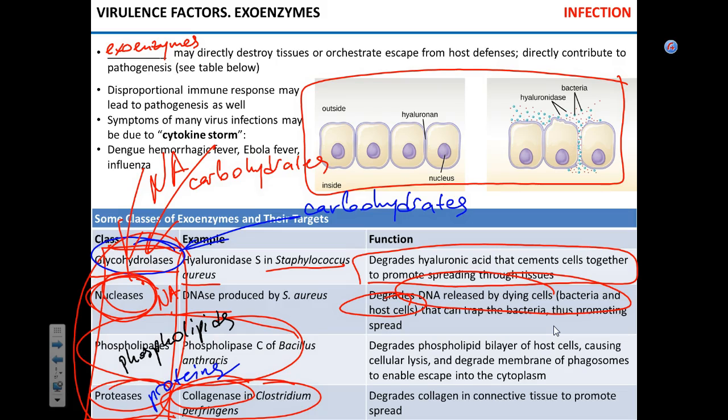What about disproportional immune response? It is often called cytokine storm, or in case of bacteria, it is called toxic shock syndrome. Have you heard about TSS, toxic shock? Do you know in which circumstances it was observed first?